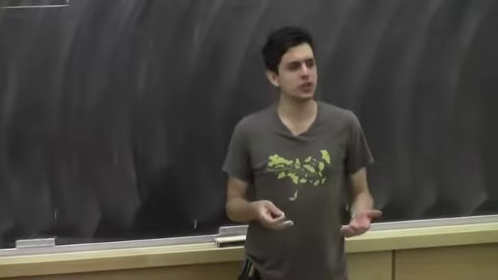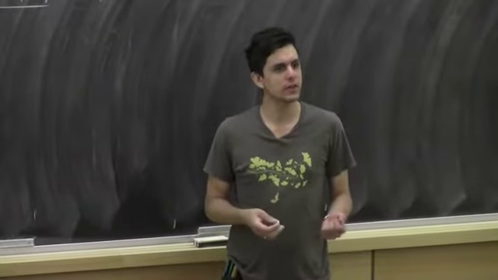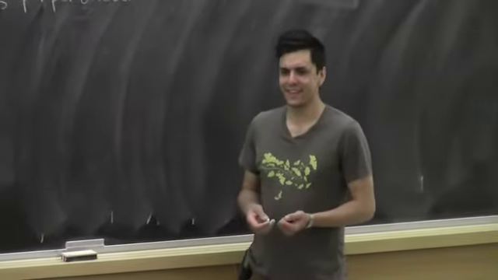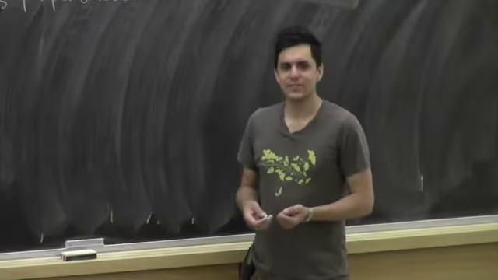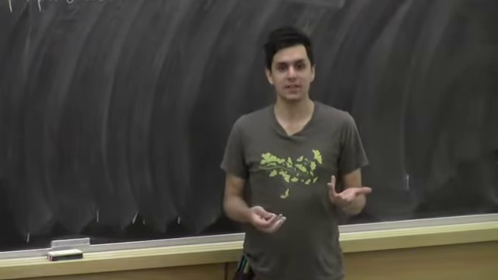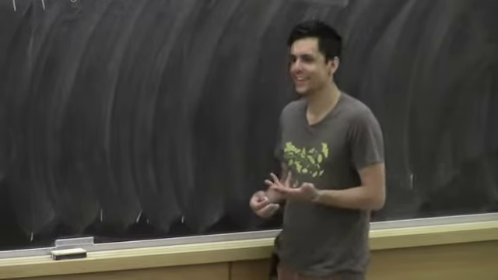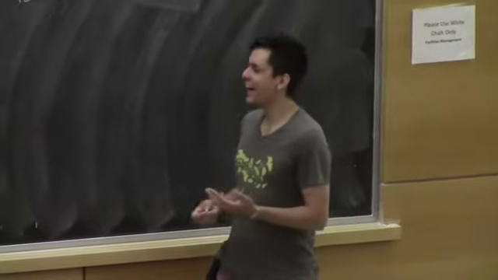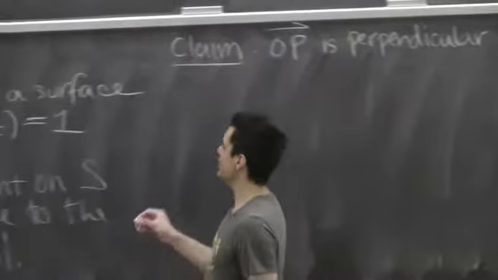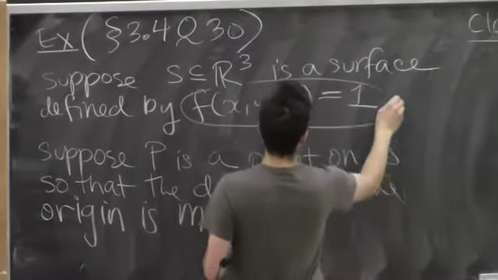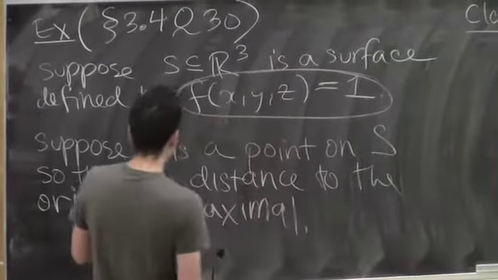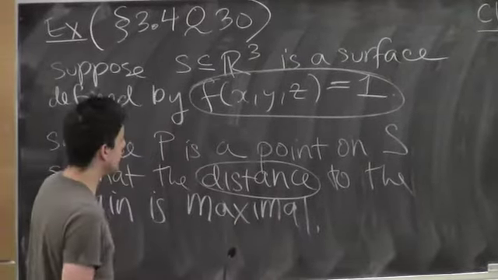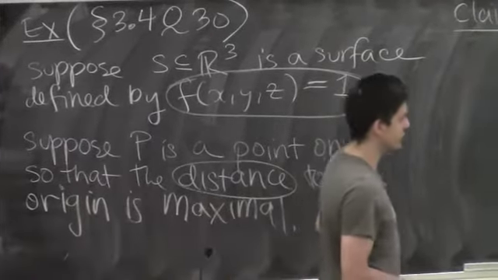Okay, so what's the constraint here? What's the constraint that we want to use? Okay, what's the function we want to optimize? Right, so here's a function we have to satisfy, and then we've got this distance involved. So I want to use that distance and that function.